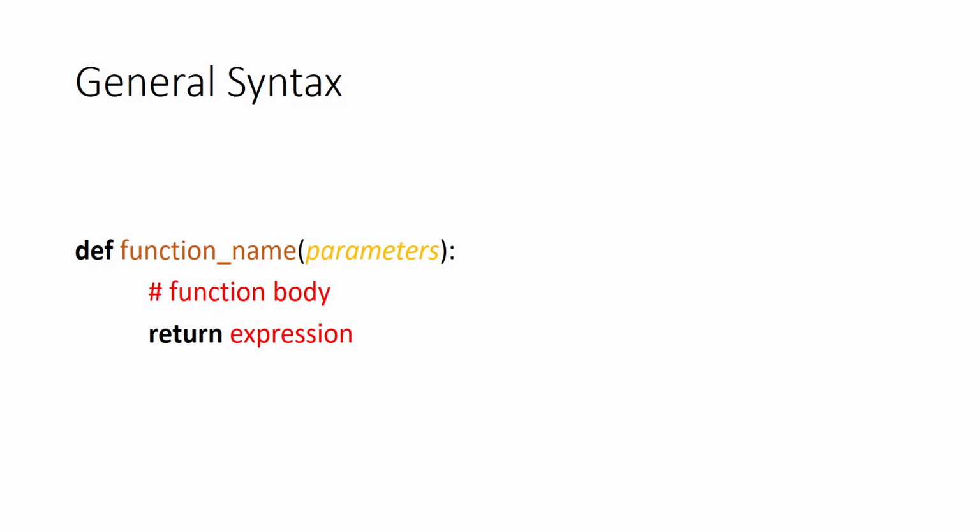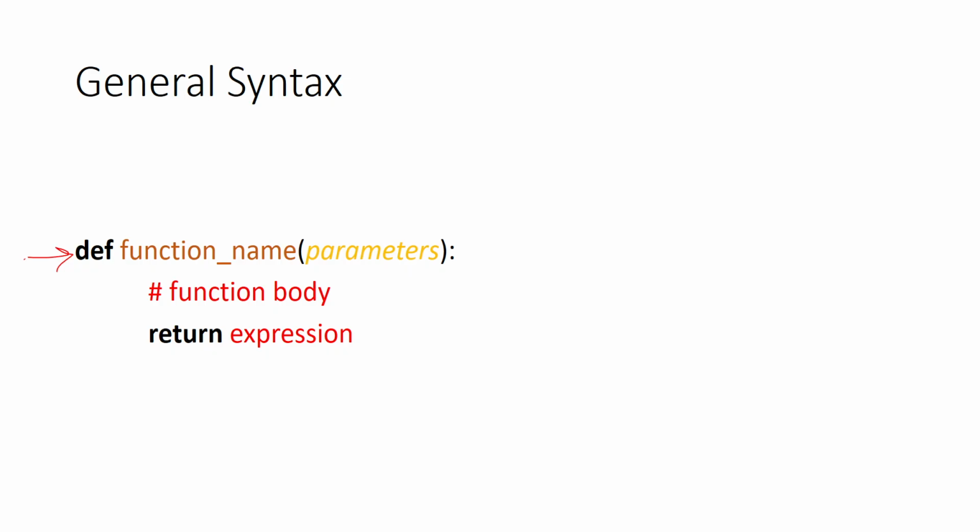Okay, now what are the different components that are part of the sum definition? So we actually create a function like this. We will use a structure like this for defining the function, and the body of the function.